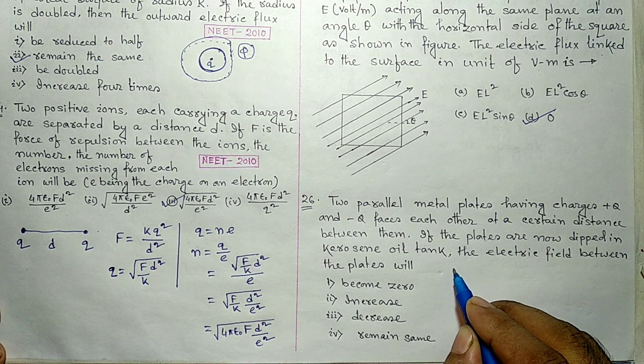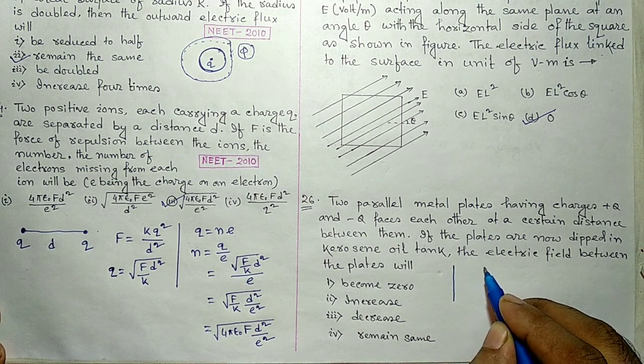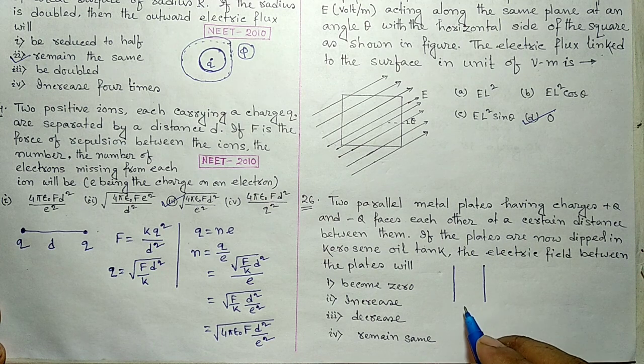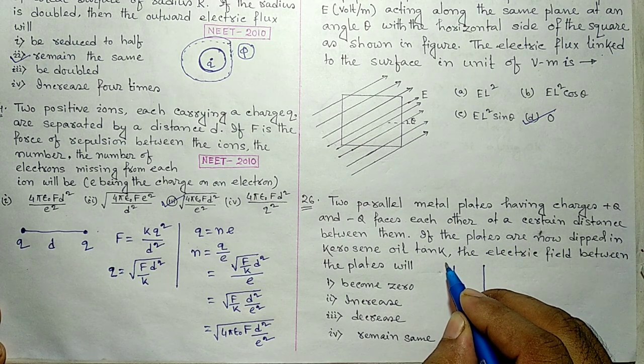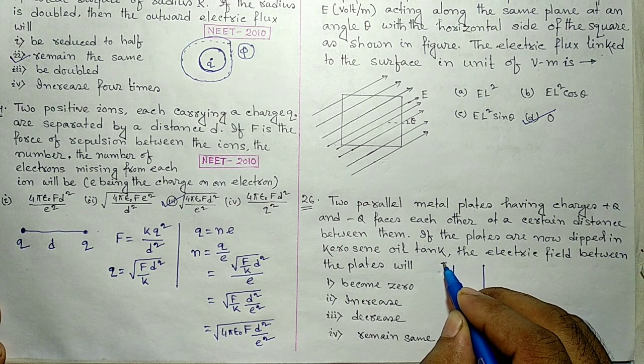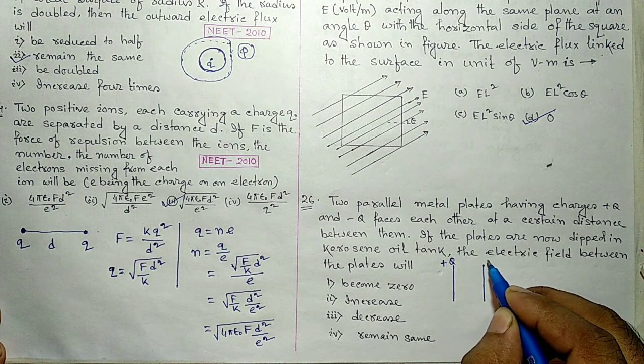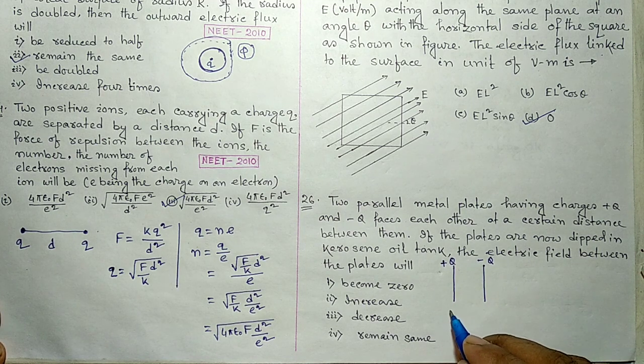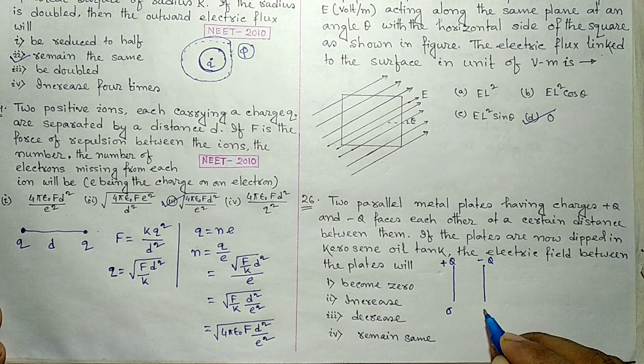So student, we know if two plates are separated by a certain distance, this is plus q, this is minus q, the surface charge density will be sigma.